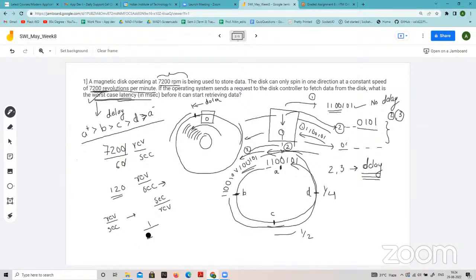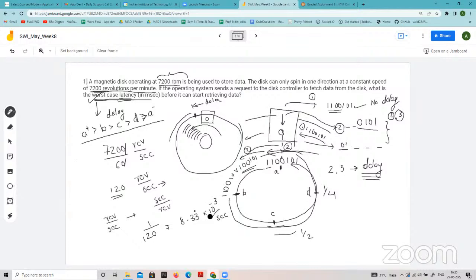If I do this, it gives me 8.33, recurring, into 10 raised to power minus 3 seconds.